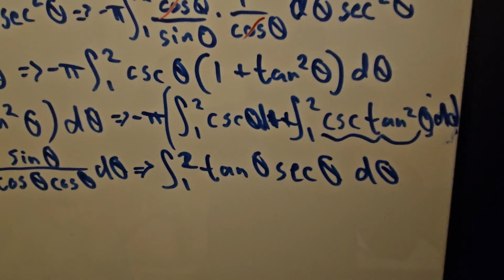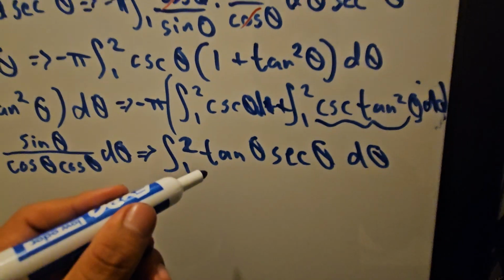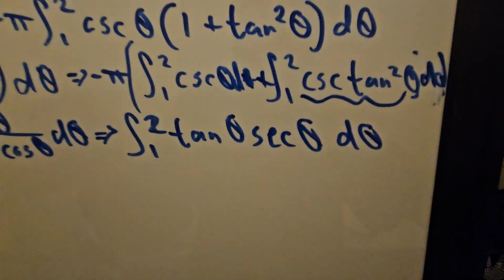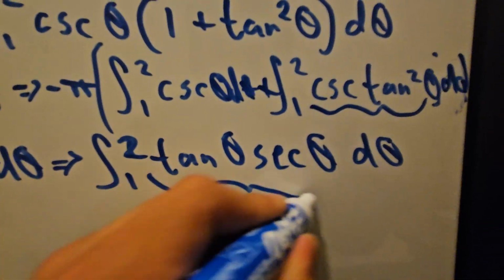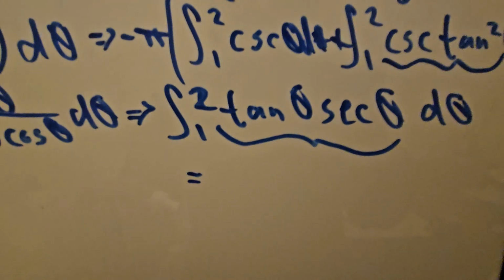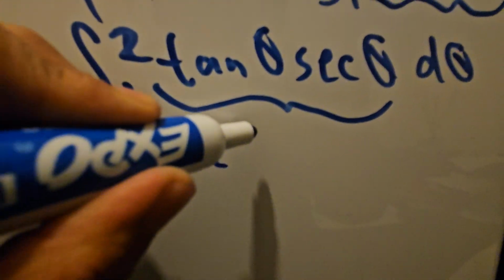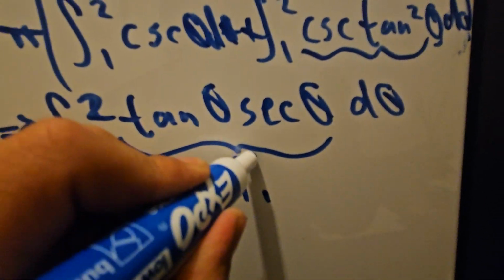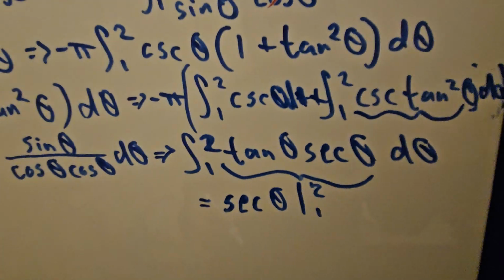Does this look familiar to you? The antiderivative of tan theta times secant theta is secant theta. So this is just going to be equal to secant theta evaluated from 1 to 2. So we're done with this integral.